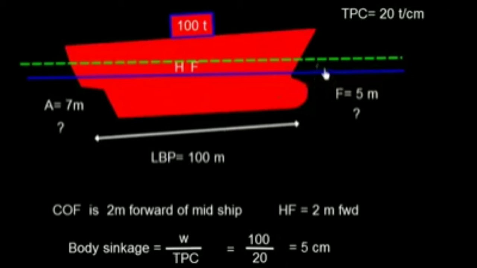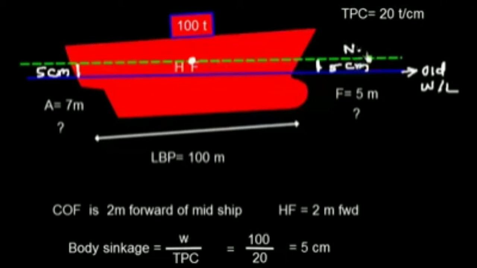This also means that the forward draft will increase by 5 centimeter, and aft draft will also increase by 5 centimeter. Both the drafts will increase by 5 centimeter. So here this is the old water line, and after placing this 100 ton at center of flotation, this will be the new water line.